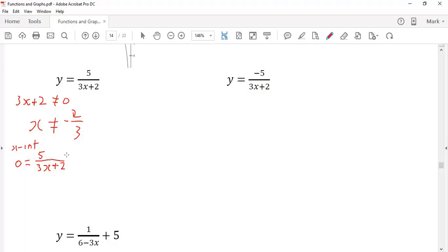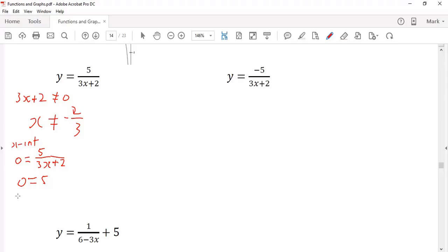If we times both sides by 3x plus 2 to get rid of the fraction, we'll get 0 equals 5. So this tells us that there is no x-intercept. So for the y-intercept, we let x equal 0. You should be used to telling it from looking at the equation now, or you can do it in your head quickly. So the x term goes to 0, so it's just 5 over 2.